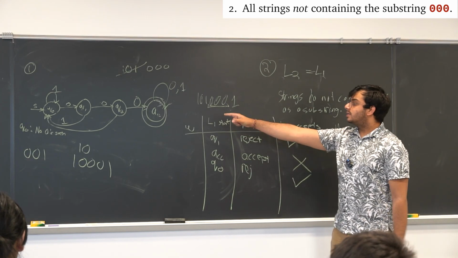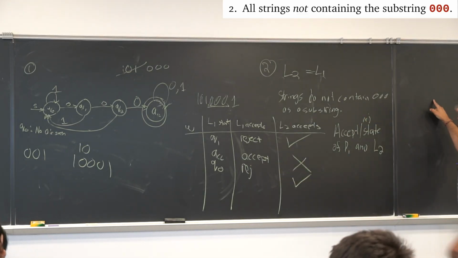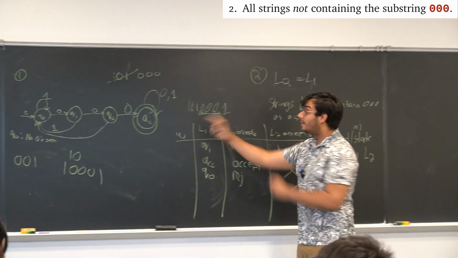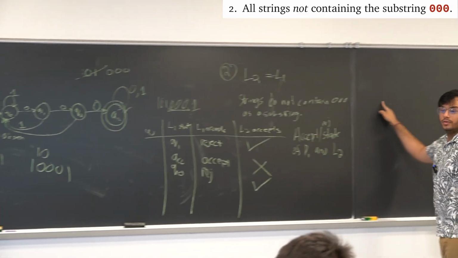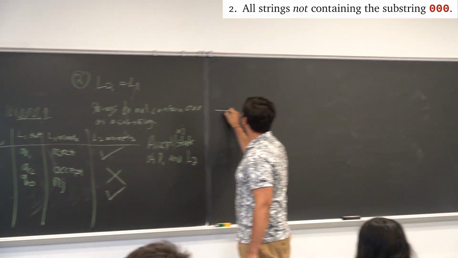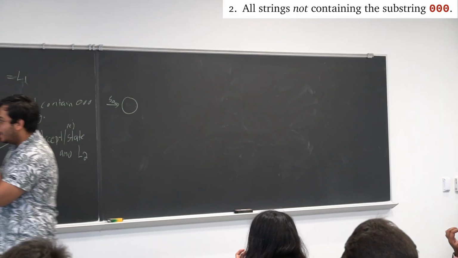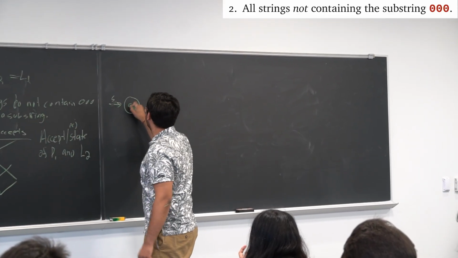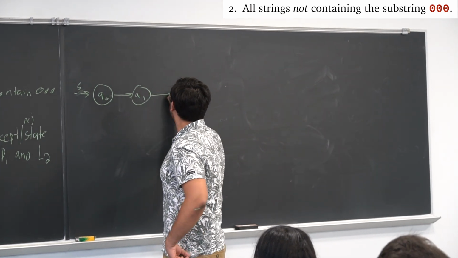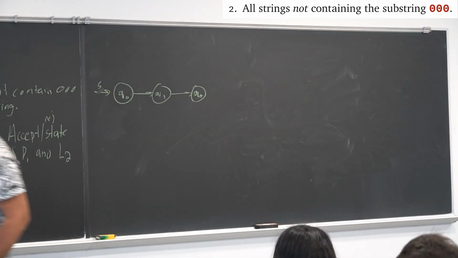So that means any state that ends in a rejecting state should be transformed into an accepting state here, and any state that is an accepting state here needs to be transformed into a rejecting state here. So I can draw the same diagram structurally. Q0, Q1, Q2.